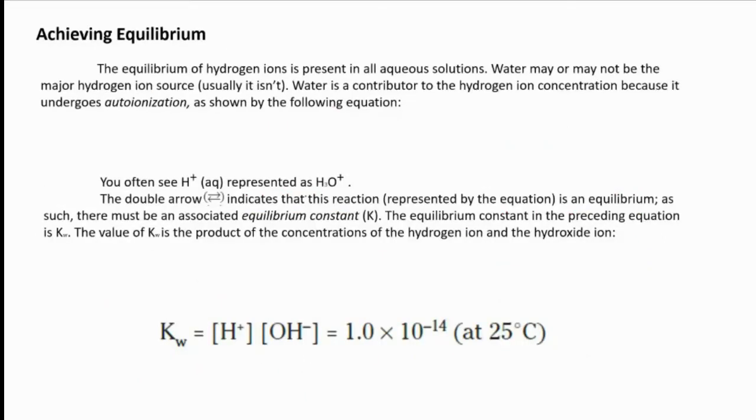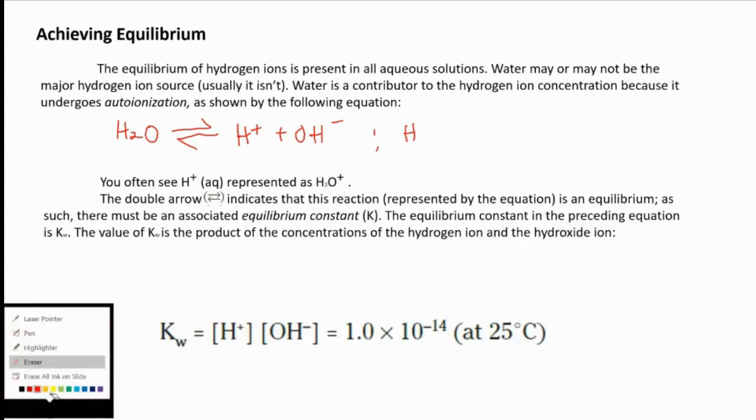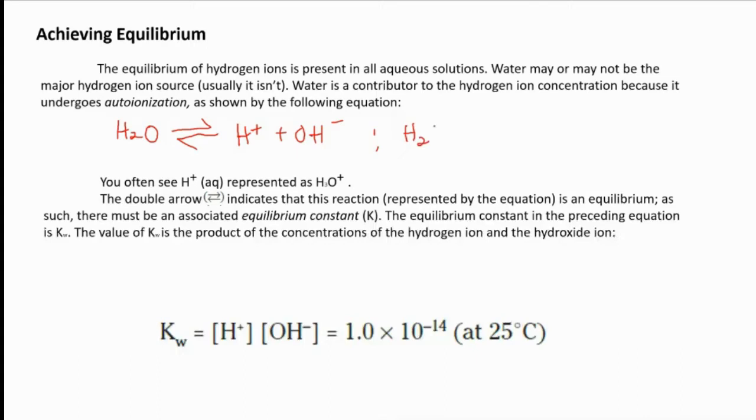So, ito yung autoionization ng water. Either ganyan or ito, H2O plus H2O gives H3O plus and OH minus.